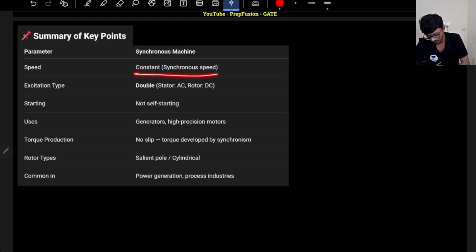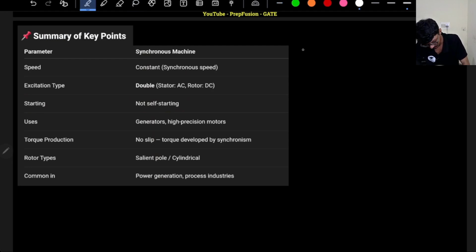In synchronous motors, the speed will be constant, excitation will be doubly excited, and it is not self starting, whereas an induction motor is self starting. Here I can also provide the difference for the induction machine. It will be the best. I forgot to write the induction machine. In the induction motor, the speed is variable, depends on load.